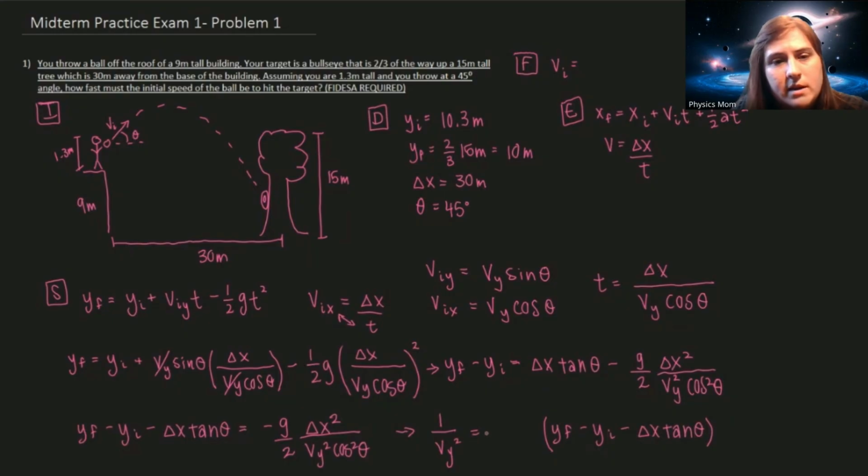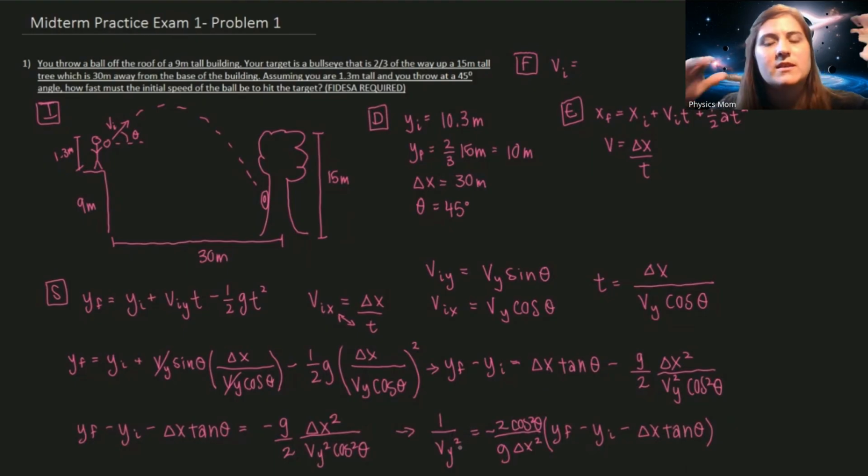And then on this side, I'm going to have negative 2 cosine squared theta over g delta x squared. Now you'll notice this is in the denominator. We don't want it in the denominator. If I take the reciprocal of everything, it checks. But honestly, what I could do is just take the square root of all of this. However you do it, that's kind of up to you.